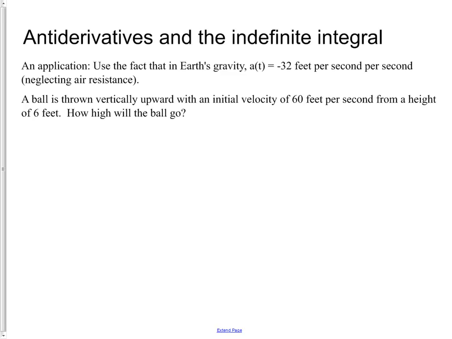Seems like a strange question until we realize that we've actually seen something like this before. We found that if we were given the position function over time, a free fall equation, something like s of t, and we took the derivative with respect to time, we got an instantaneous rate of change of that position function, s prime of t, and that was our velocity equation.